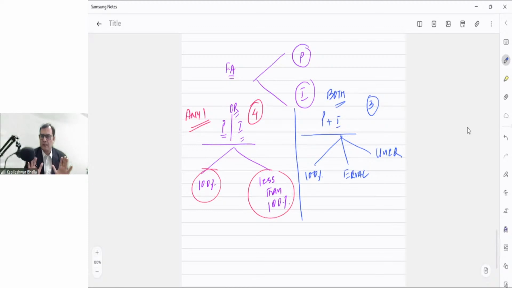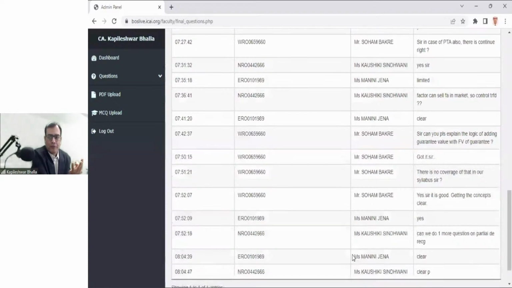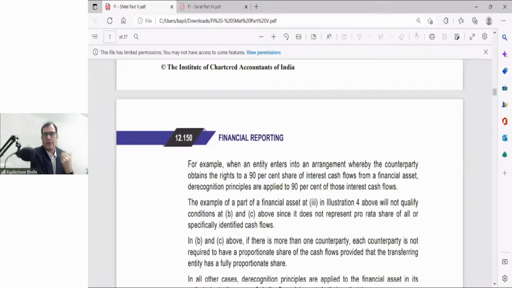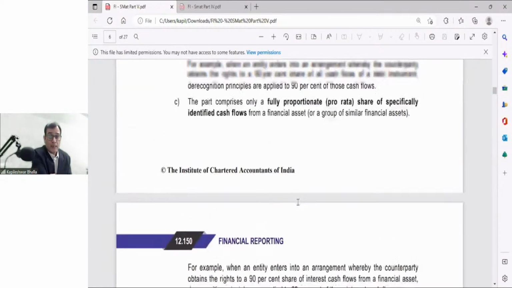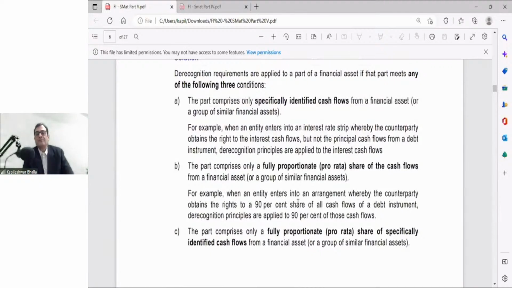Am I 100% clear on the combinations that your deal with a counterparty could be in terms of giving principal only, interest only, fully, or principal less than 100 or interest less than 100, or you transfer both the principal and interest fully, or you transfer principal and interest equal 80-80 or unequal 90-80. These are the only permutation combinations. Wonderful.